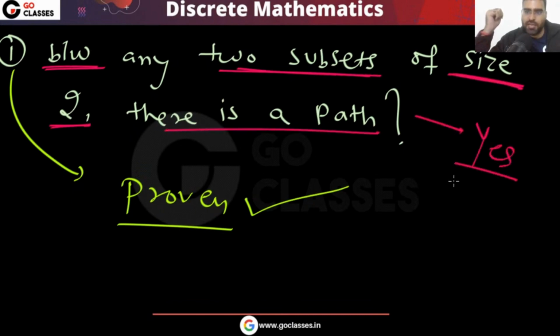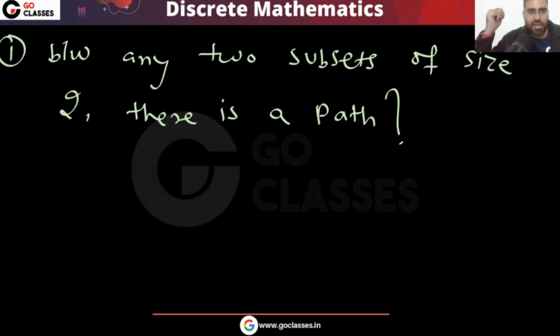Yes, proven. Okay? Now you can see that every subset of size greater than 2 will have an edge with some subset of size 2.